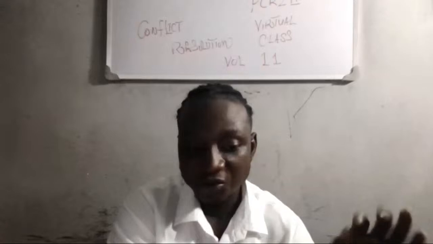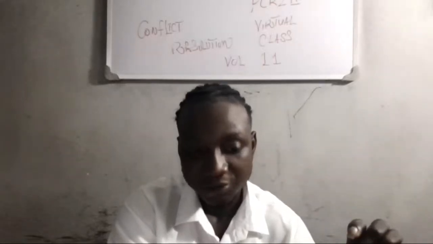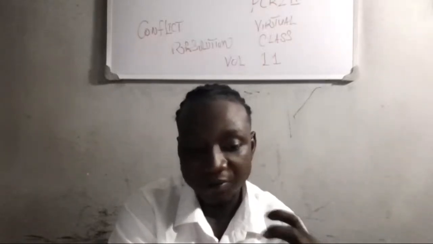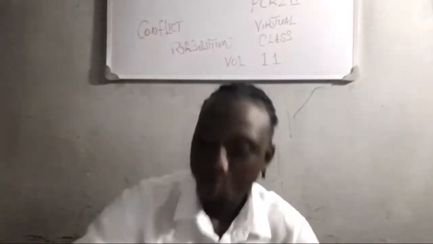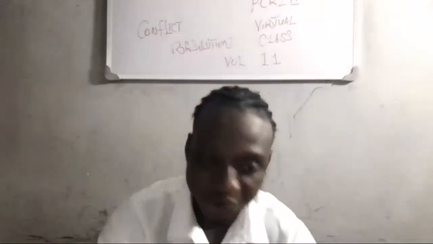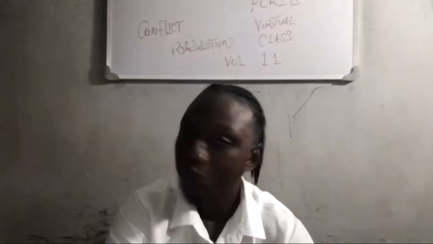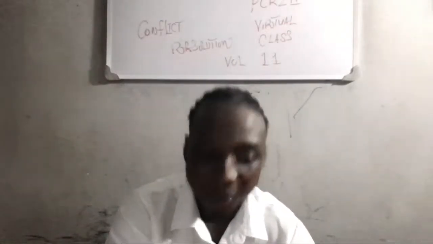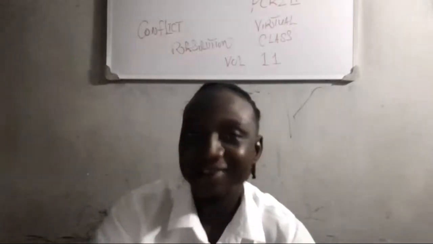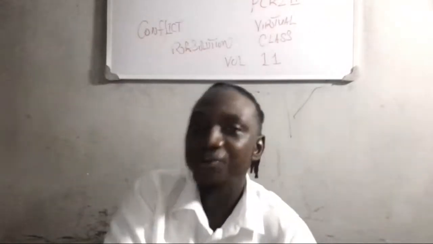Now, when we talk about conciliation, it's said to be the voluntary referral of a conflict to a neutral external party. When there is a referral, note that good office does not require referral. But conciliation involves referral to a third party.